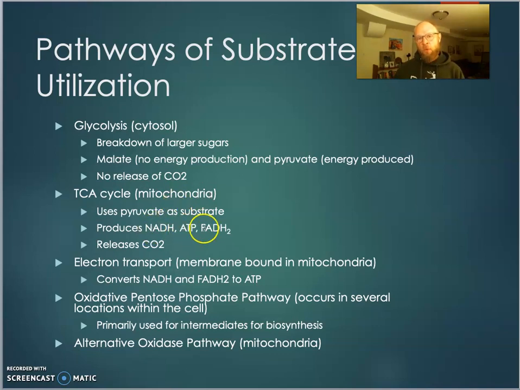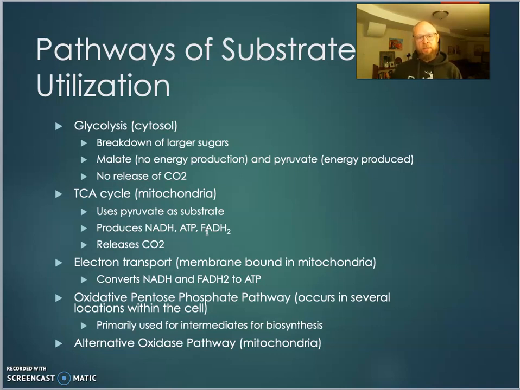There are three forms of energy produced: NADH, ATP, and FADH2. ATP is the one that plants are really going to use to drive physiological processes. The NADH and FADH2 enter electron transport and then produce ATP. But all of these eventually end up producing energy the plant can utilize for physiological processes.